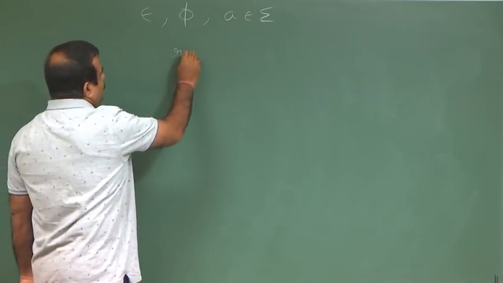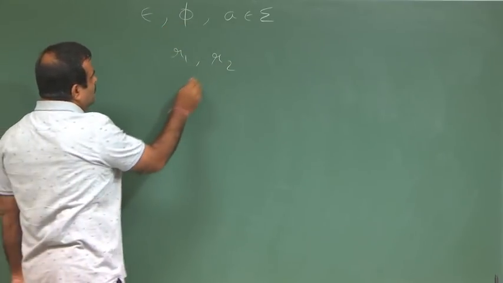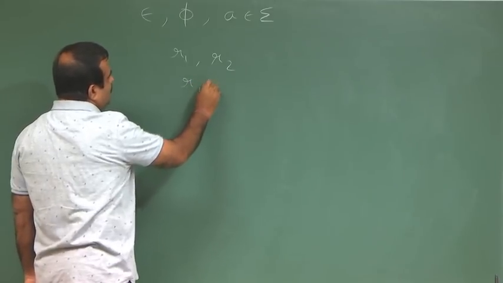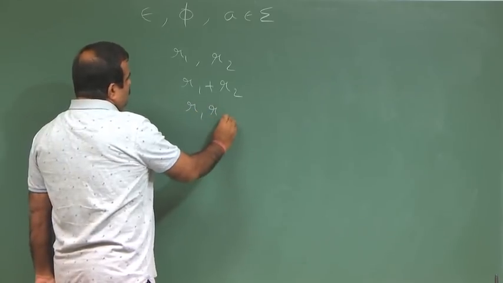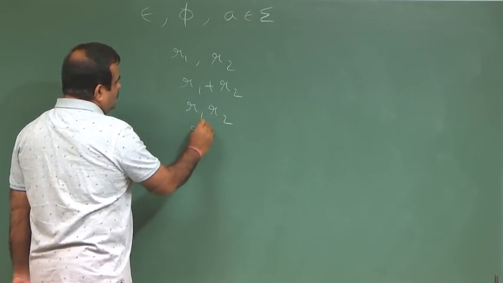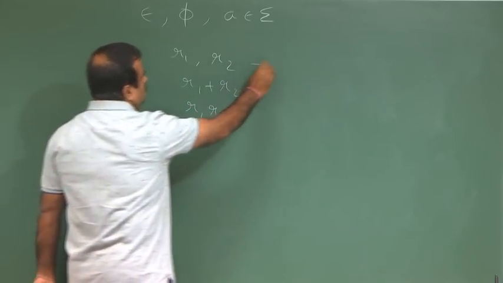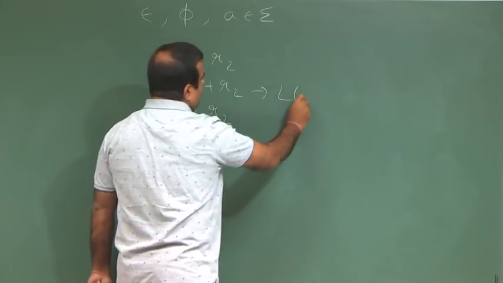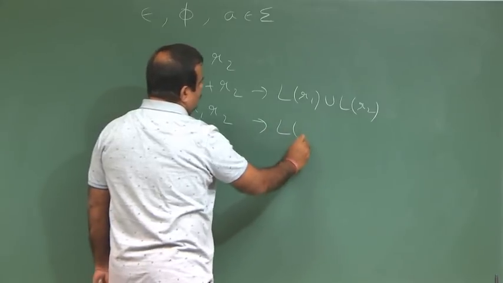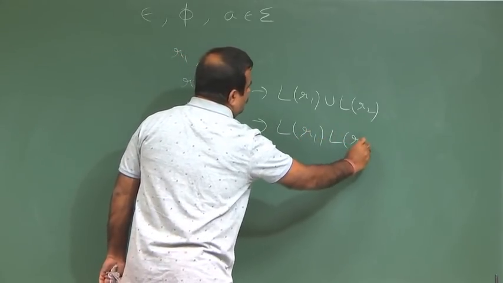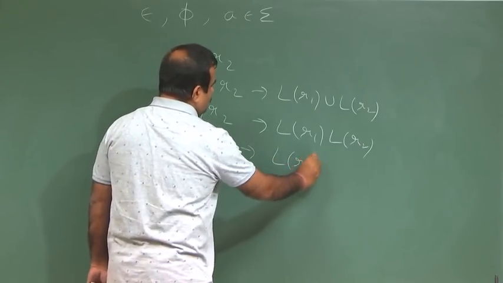How? Suppose R1, R2 are regular expressions. R1, R2 could be one of these. Then, if R1, R2 are regular expressions, then R1 plus R2 is a regular expression, R1 into R2 is a regular expression, and R1 star is a regular expression. Now what are the languages corresponding to these? These correspond to the language of R1 union language of R2, language of R1 concatenated with language of R2, and language of R1 star.